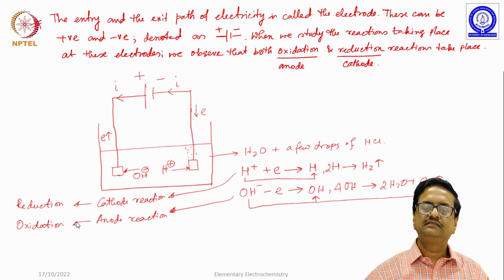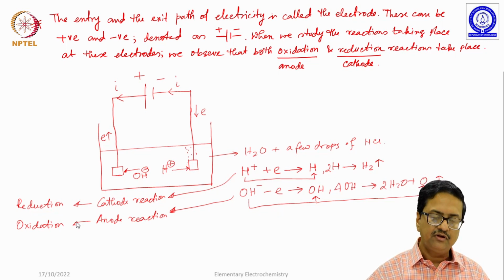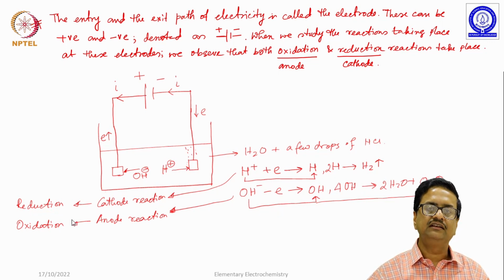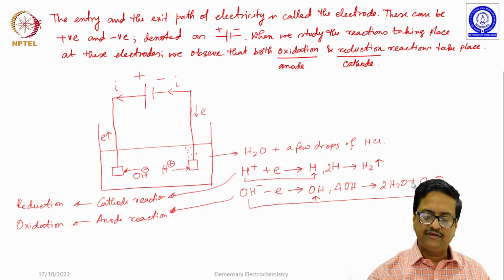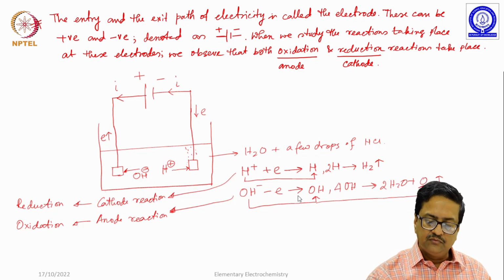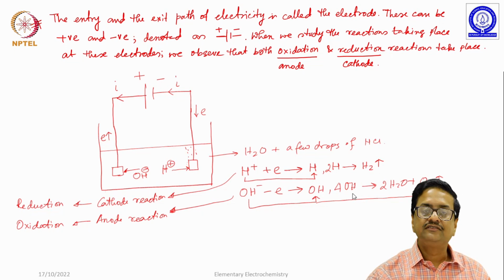And this electrochemical process should always maintain the electroneutrality of the solution. That means if 2 units of H plus is reduced and you are getting 1 hydrogen, you should end up getting only half amount of oxygen, because to make 4 OH you need 4 electrons.